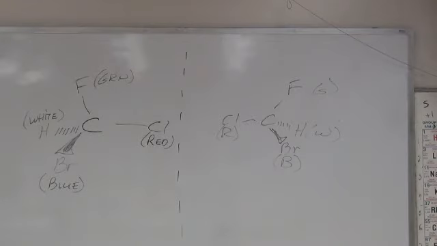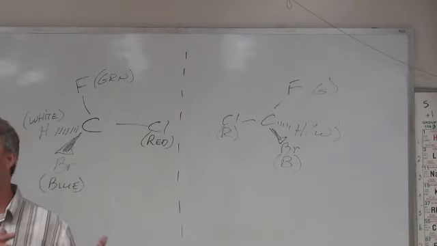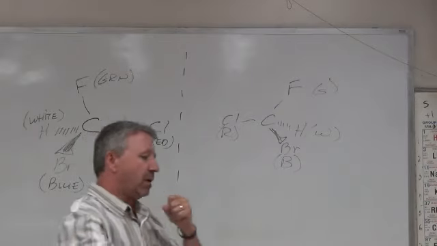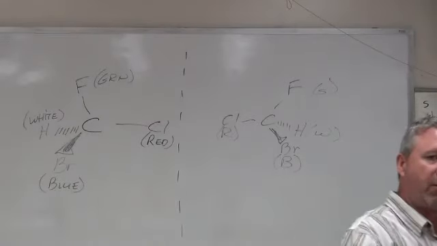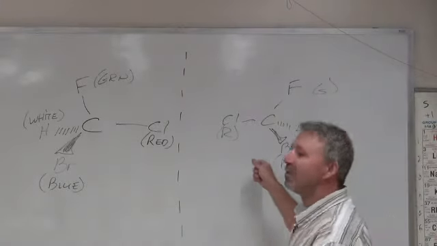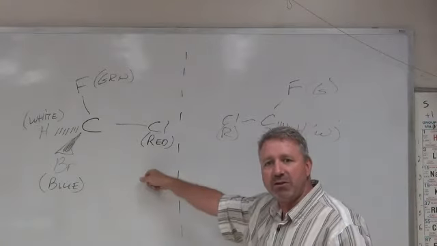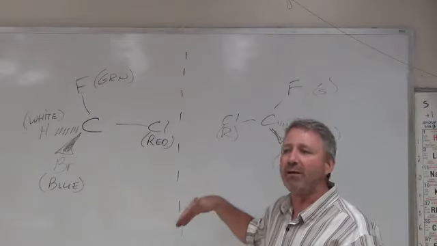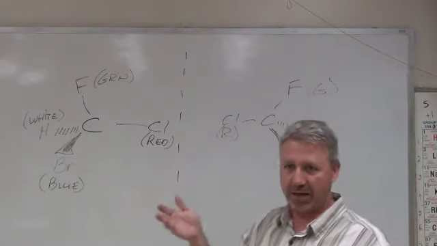Now, I'm not real concerned that you know which way light is being rotated, that you know that this one's levorotatory, dextrorotatory, what it means. Oftentimes, the simple knowledge that two isomers exist is far more important than which one rotates light which direction.